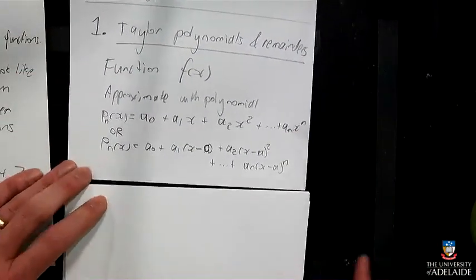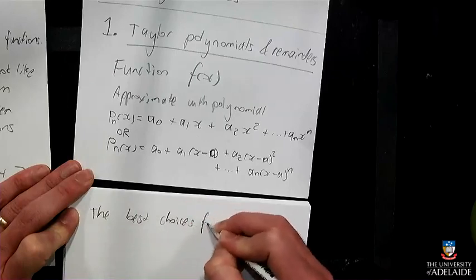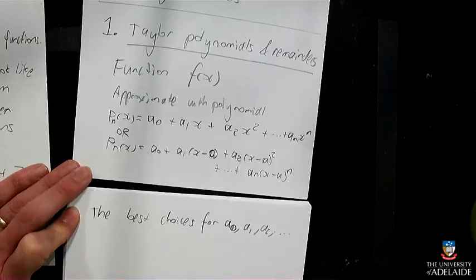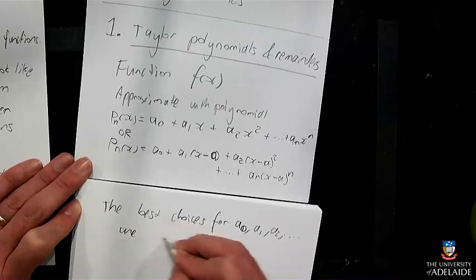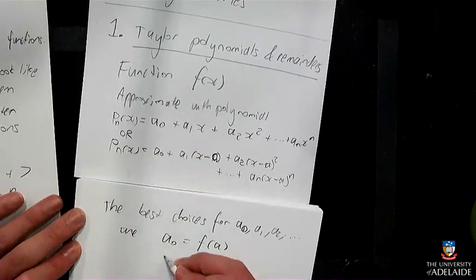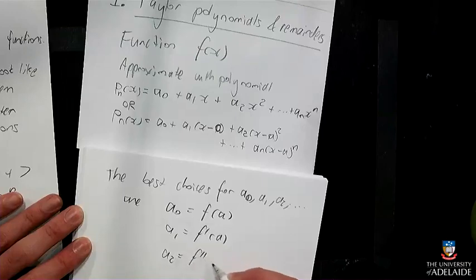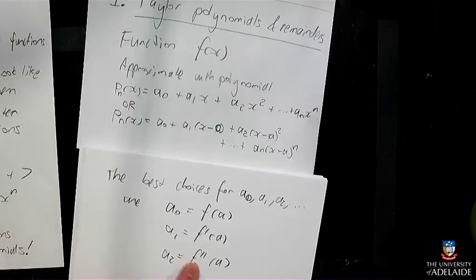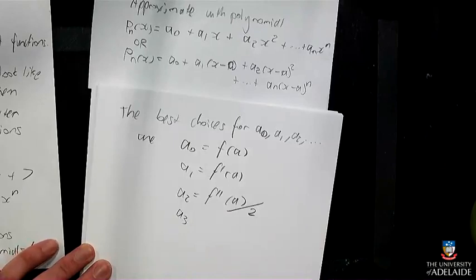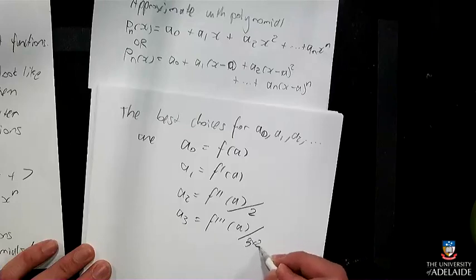And it turns out that the best choices for these numbers, a0, a1, a2, etc., are: a0 is f of this number a that I'm thinking of, and a1 is f dashed of this number a, and a2 is the second derivative of f with this number a subbed in, except this has to be divided by 2, and a3 is the third derivative at a divided by 3 times 2.